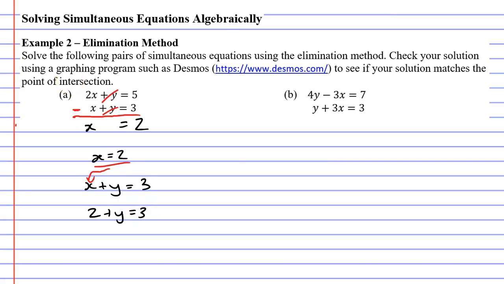And we can see just by looking that y has to equal 1. This is really simple because 2 plus 1 equals 3, so y must be 1. We've now found our two values. We've found x is 2, and y is 1.